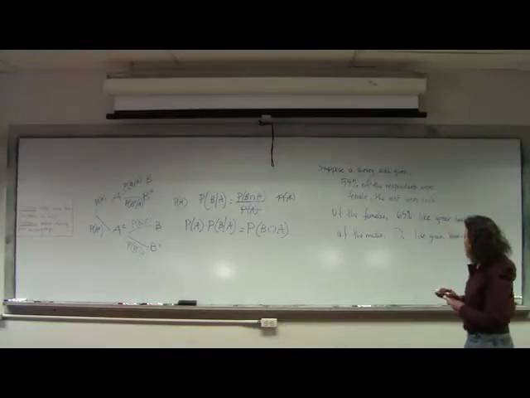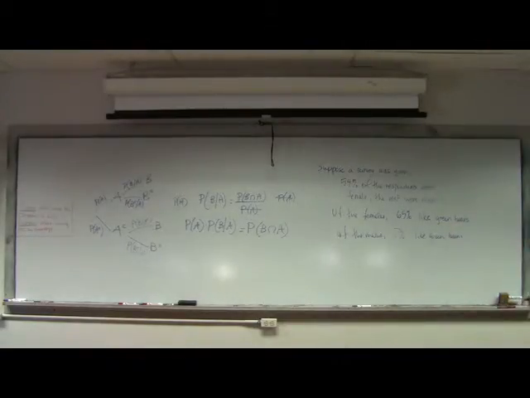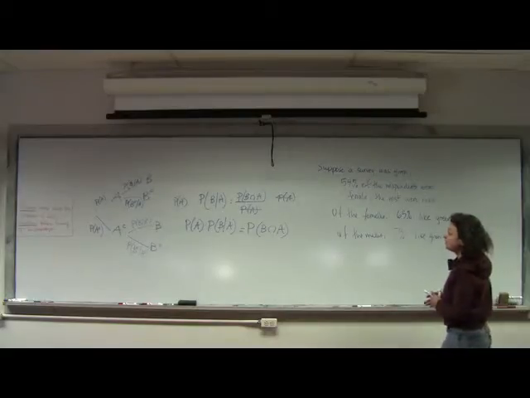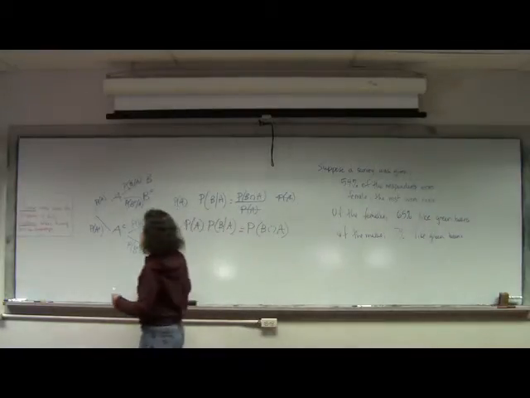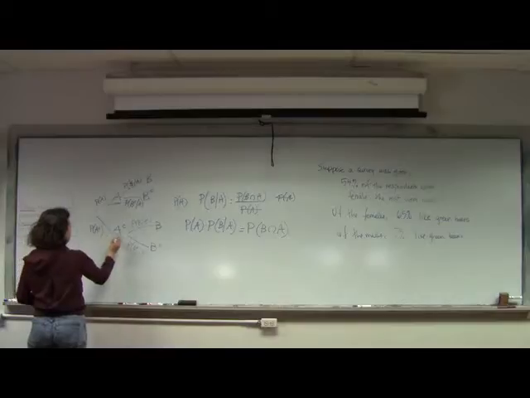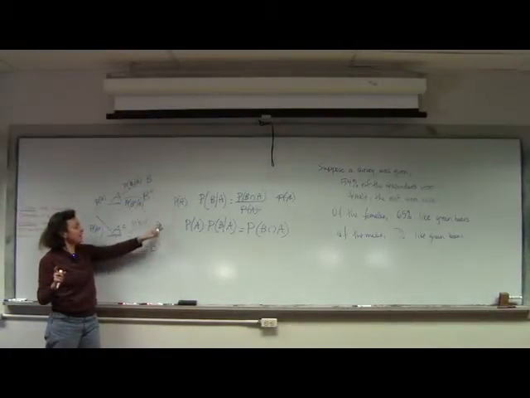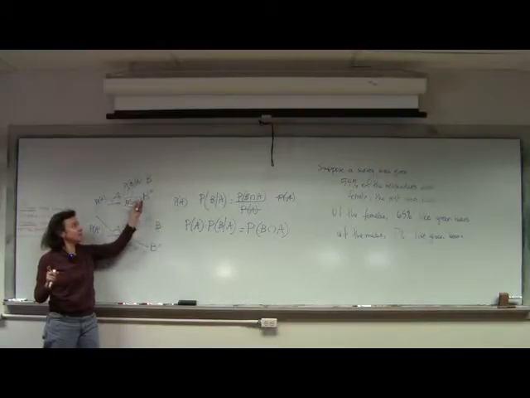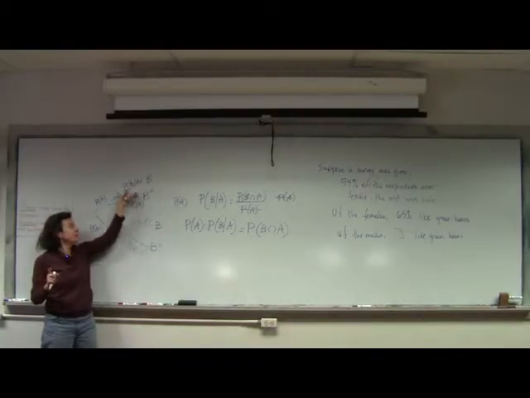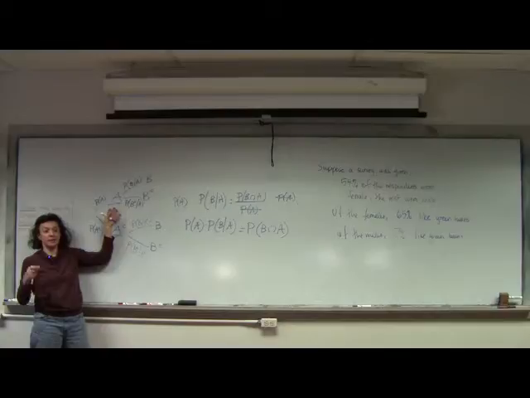Okay, I claim we can draw a tree. Now notice with our tree here, one of our probabilities is just given straight up. And notice the second event and the probability associated depends upon the first thing happening.